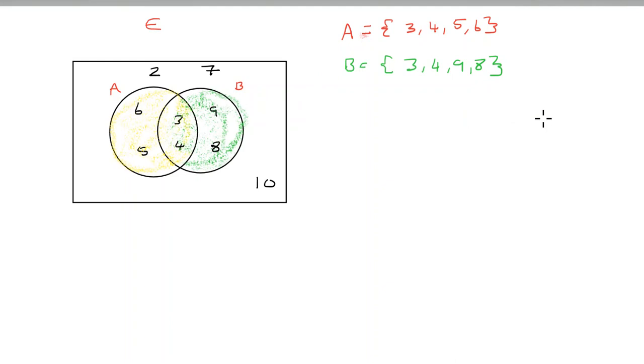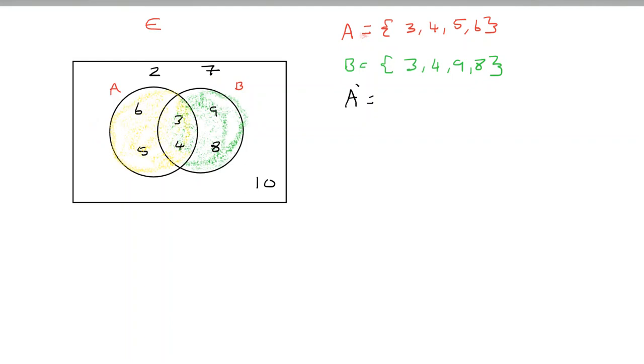If we were to think of A complement, so this symbol, the elements in the set A complement. What's A complement? A complement is all of the elements except the elements that are inside A. So what would A complement look like?